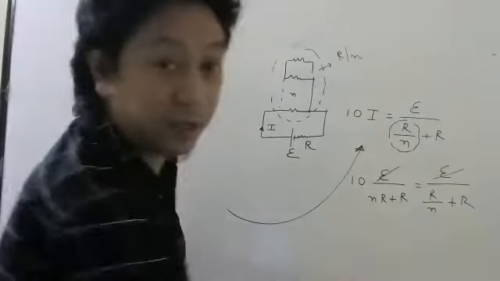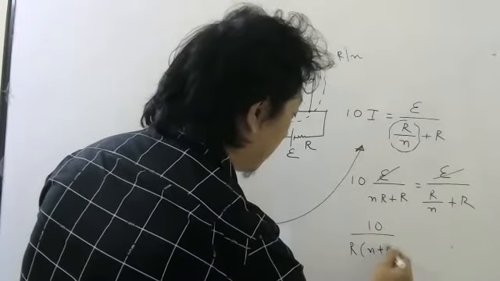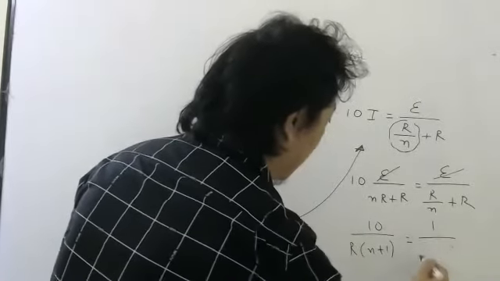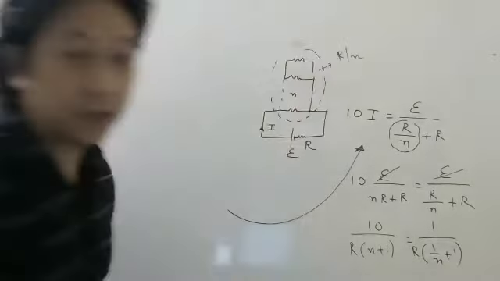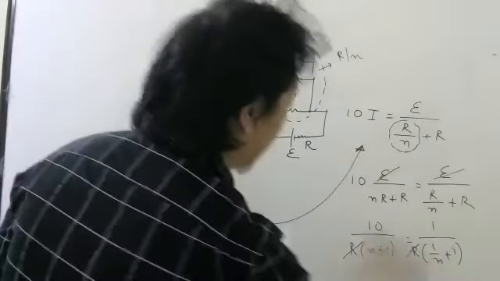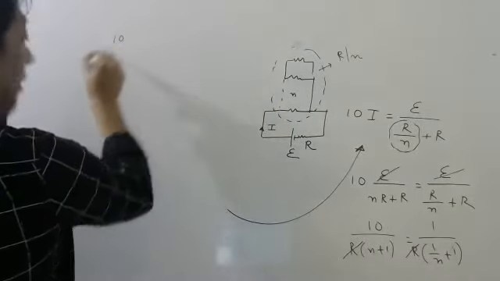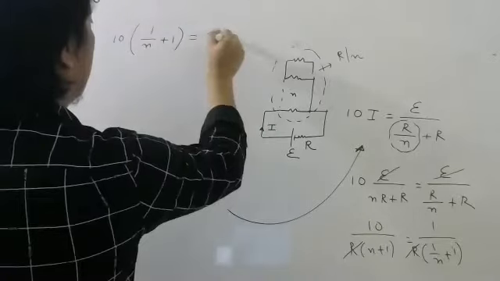In the denominator, I can write 10 into 1 by N plus 1 on the left, and on the right, R common, 1 by N plus 1. Correct now? So R also will cancel. So now we can cross multiply.